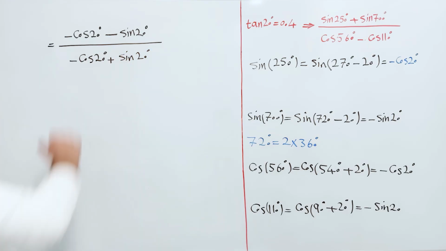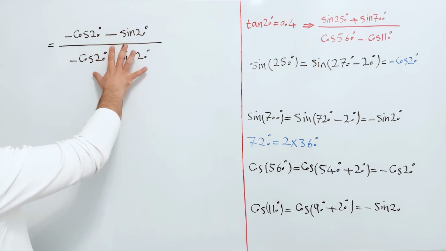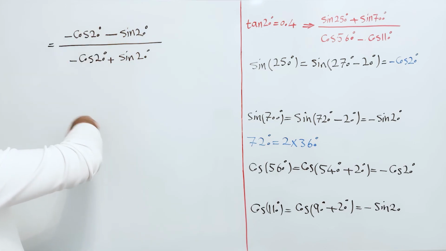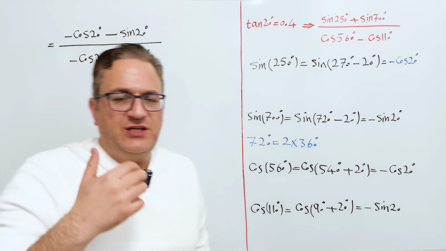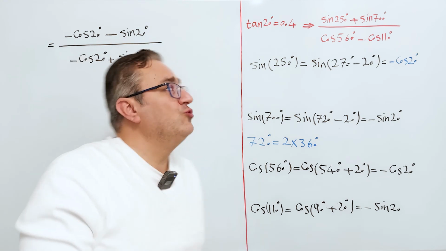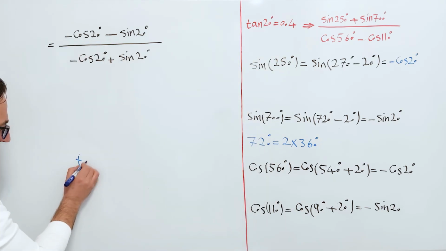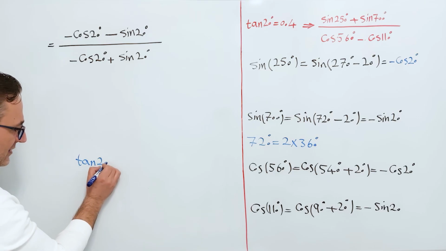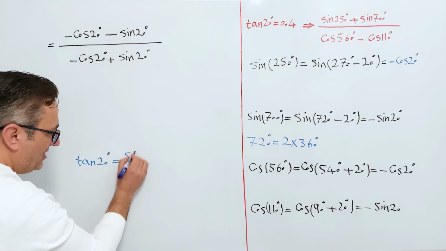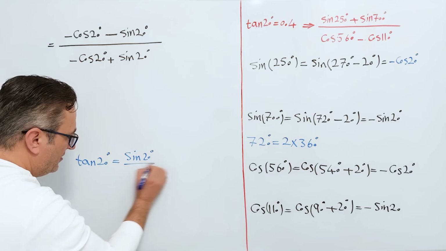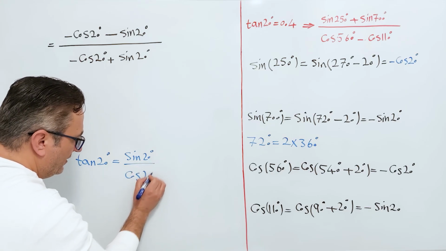Okay, now that all the angles have been converted to 20 degrees, it's time to convert all the trigonometric ratios to tangent. We know that tangent of 20 degrees is equal to sine of 20 degrees divided by cosine of 20 degrees.